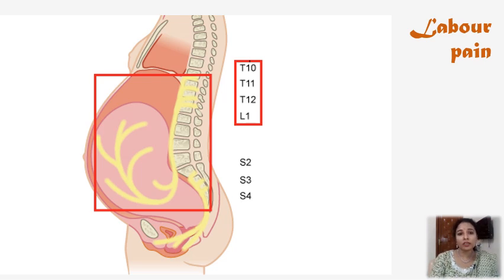So stretching and compression of the pelvic and perineal structures involve the pudendal nerve with the root value of S2 to S4. And so pain during the second phase of labor involves T10 to S4 dermatomes. So in the first stage of labor only T10 to L1, in the second stage of labor both T10 to L1 and S2 to S4 dermatomes are involved, causing severe pain during the second phase of labor.